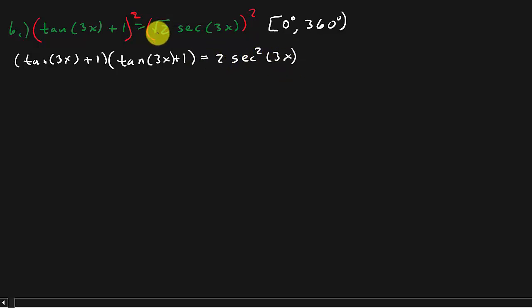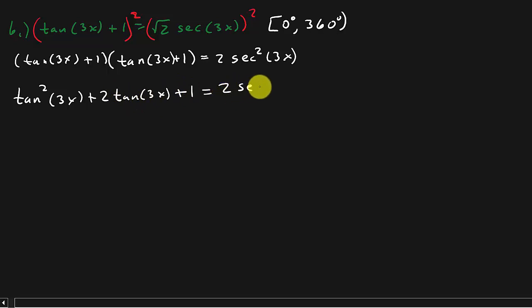Okay, square root of 2 squared is 2, and then this squared is secant squared. And then remember, this is tangent plus 1 times tangent plus 1, so I need to FOIL that out. So that's tangent squared 3x plus 2 tangent 3x plus 1 equals 2 secant squared 3x.